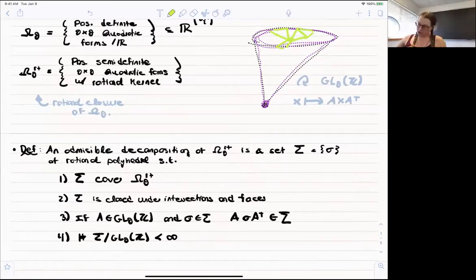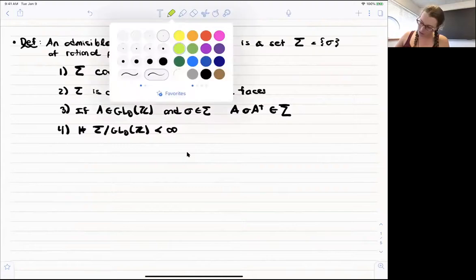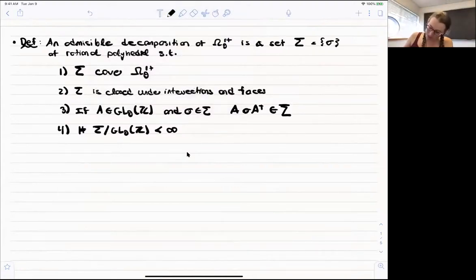And just to make sure we're on the same page, let me give you an example of one of these. The example I want to consider is the so-called perfect cone admissible decomposition.